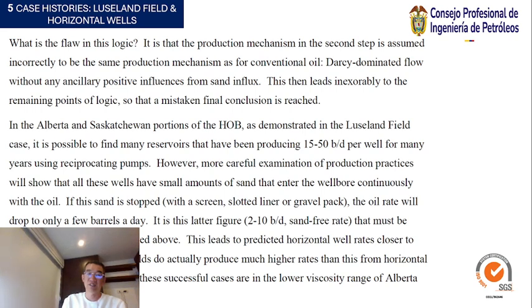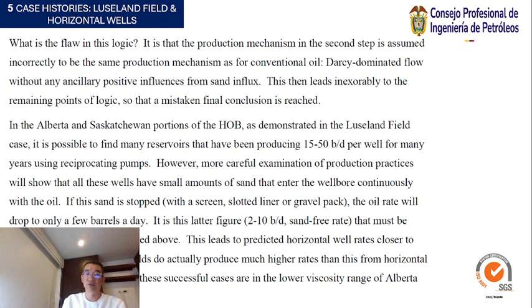It is this latter figure, 2 to 10 barrels per day sand-free rate, that must be used in the logic sequence stated above.